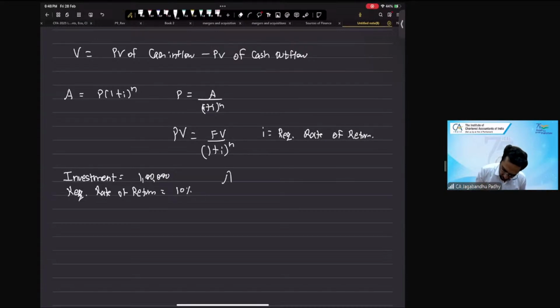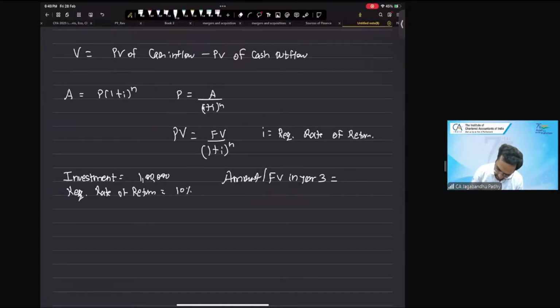What will be the amount or future value in year 3? 1 lakh invested at 10% for 3 years. What will be the amount or future value of the amount in the 3rd year?